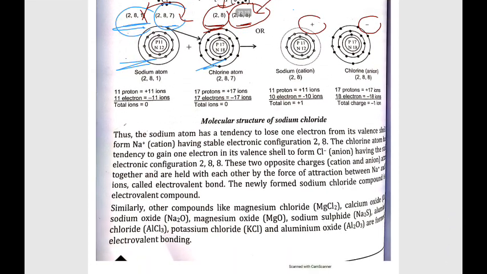There are other compounds like magnesium chloride, magnesium oxide, sodium sulfide, aluminum chloride, potassium chloride, aluminum oxide, which are also electrovalent compounds.